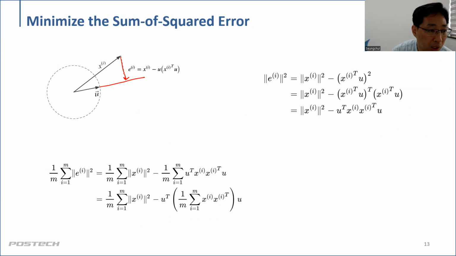We know that this is the length, and the direction is u, where u is the unit vector, and x is the data point. And this is the vector for each data point.